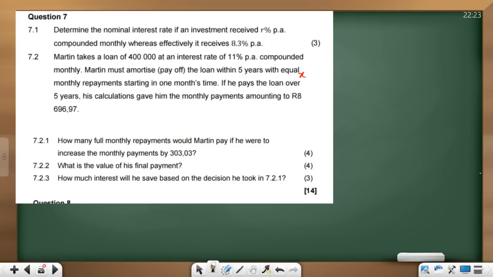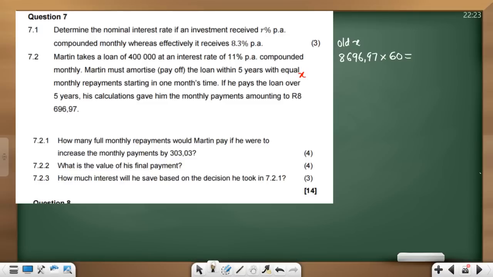So Martin checks his diary and says, okay, if I decided to pay my old X, 8696.97, and he's paying that for 5 years, he would have paid how many every month? He would have paid times 60.